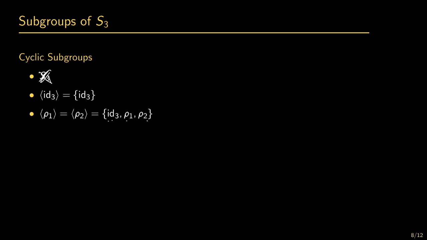You can also check that rho 2 generates the same set. Now, the mus are elements which fix one element and interchange the other two, and therefore they are of order 2, because if you switch two elements of a set and then switch them back again, you get the original position.